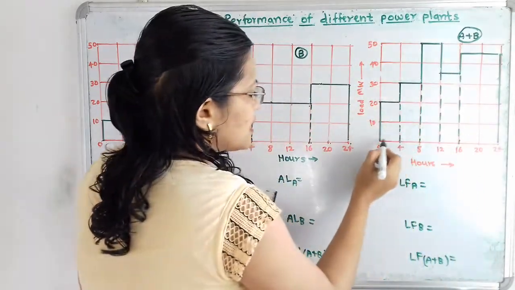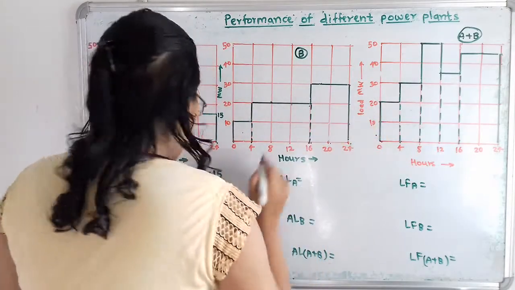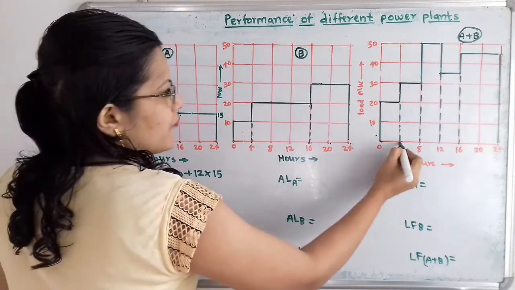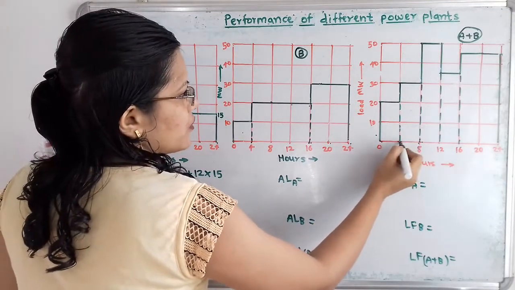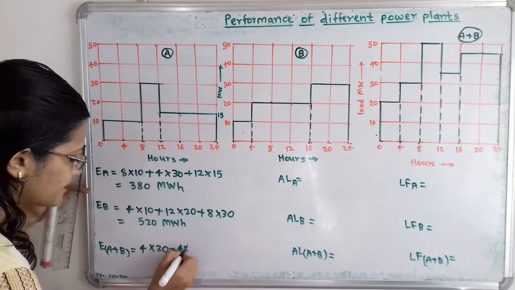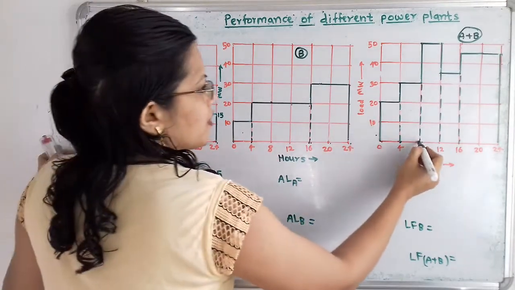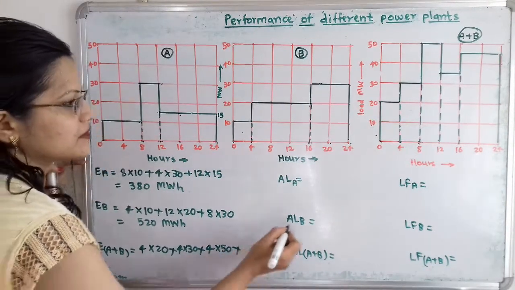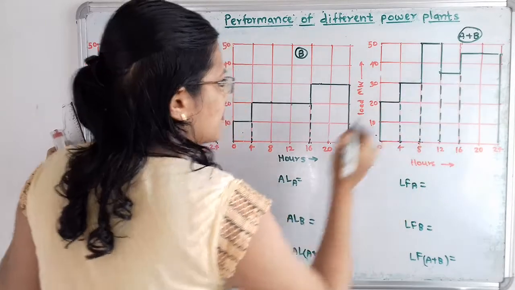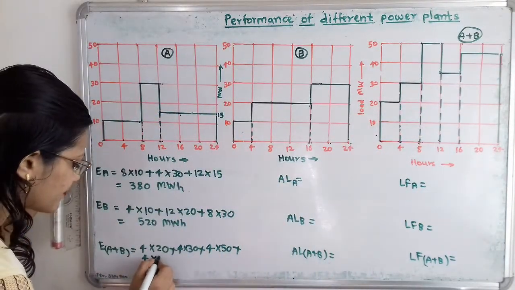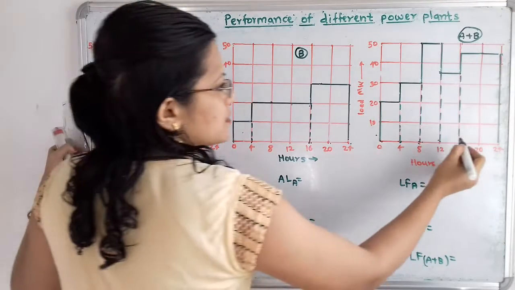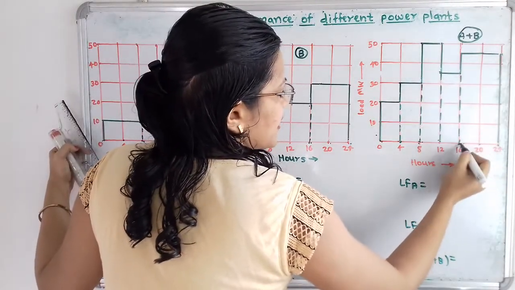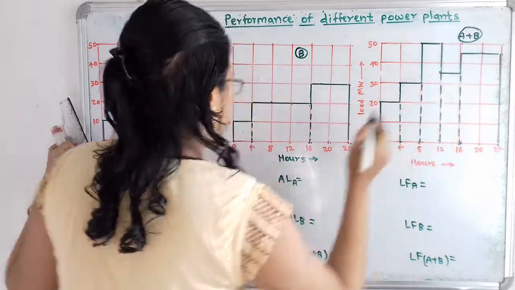For the first section, number of hours 4 multiplied by 20, plus here duration is 4 hours multiplied by 30, plus here 4 multiplied by 15, plus here 4 multiplied by 35, plus here, sorry, the total section is 8 hours multiplied by 45.